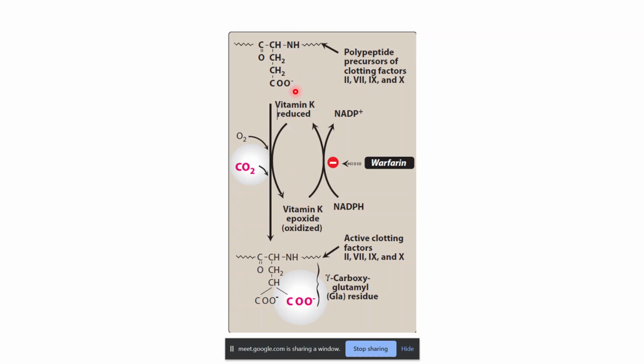The clotting factor is activated by gamma carboxylation. This is alpha, beta, gamma, and this is a glutamyl residue of an amino acid, and it is carboxylated at the third carbon, that is gamma carboxylation.